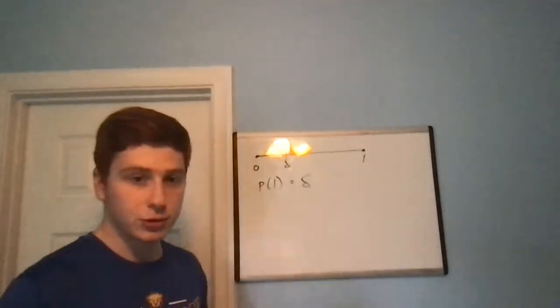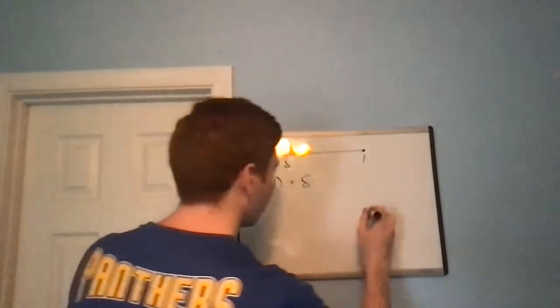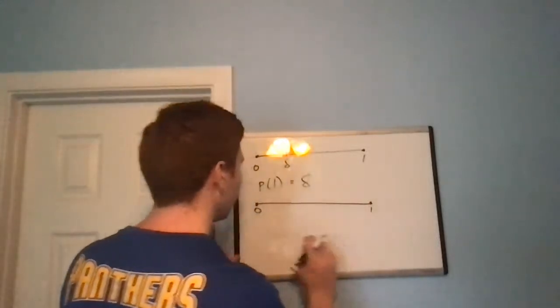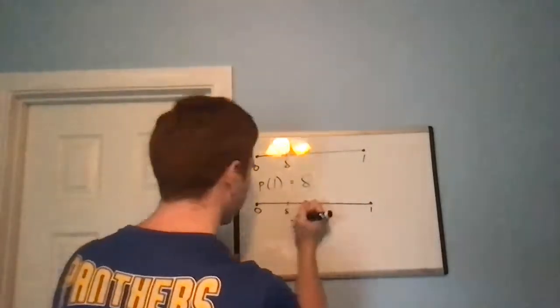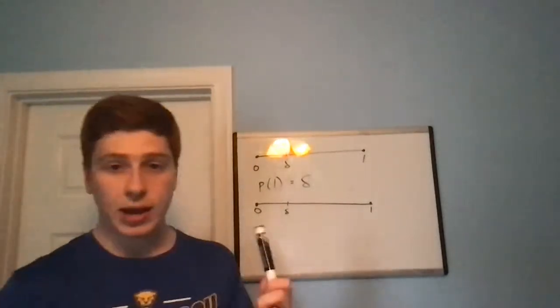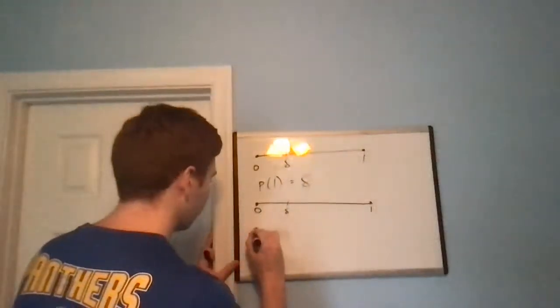Now, let's think about P of 2, a little bit harder. Well, first off, we need to make sure that x1 is greater than delta. That occurs with probability 1 minus delta.